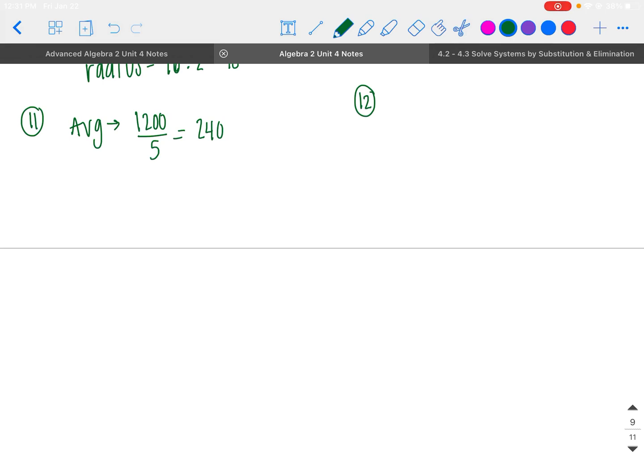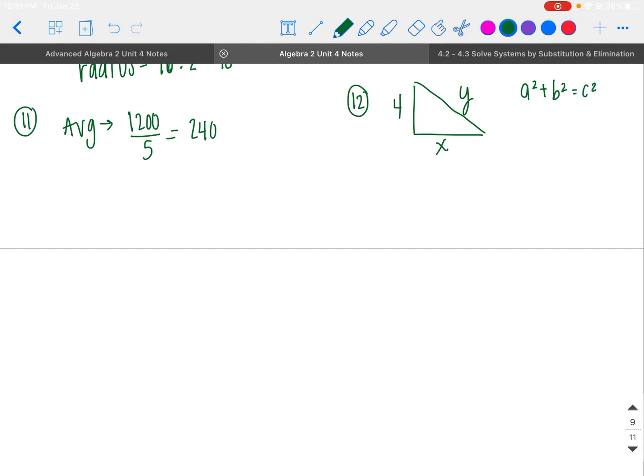Number 12. So we have to do Pythagorean theorem. All right, so we have 4, x, and y. So Pythagorean theorem is a squared plus b squared equals c squared.